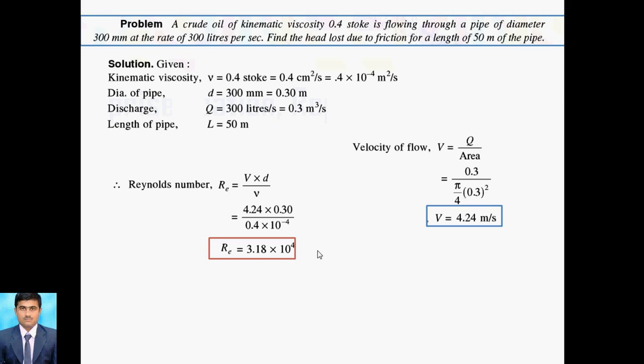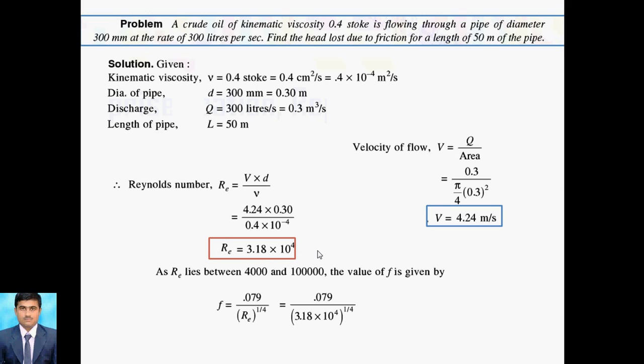Directly we get the Reynolds number, that is 3.18 × 10⁴. Then Re lies between 4,000 and 100,000, so I can take the relation f = 0.079 Re^(-1/4). Putting in 0.079 divided by (3.18 × 10⁴)^(1/4), we get 0.00591, that is the coefficient of friction.